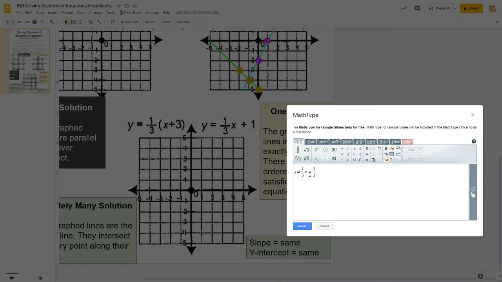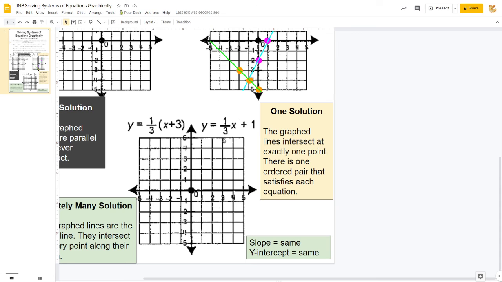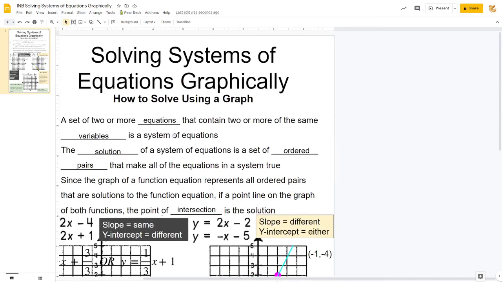Okay, that can also be written as y equals 1/3 x plus 1, since 3 divided by 3 is 1. Both are correct. And as you see, that is exactly what our equation is right there.